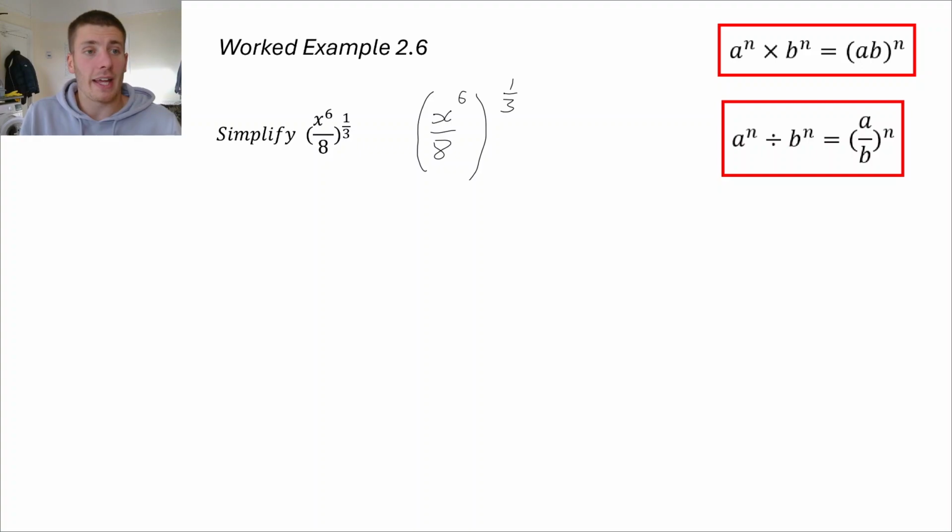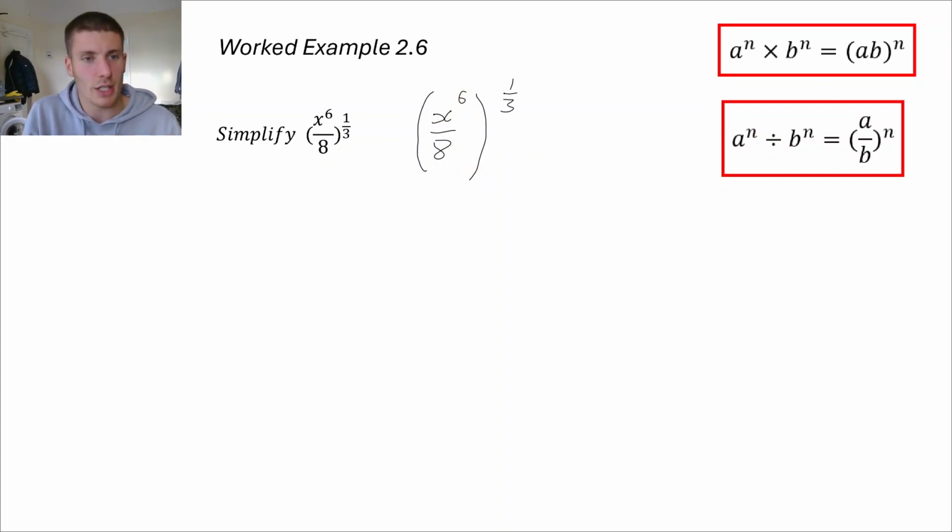So we're using, in this one, this law down here, which is just saying, we're putting all of this here to the power of 1 over 3. So we're kind of going in reverse this time. We're given it in this form, which means I can apply the power, which is a third, to A, which is x to the 6, and then B, which is 8. So let's go and do that.